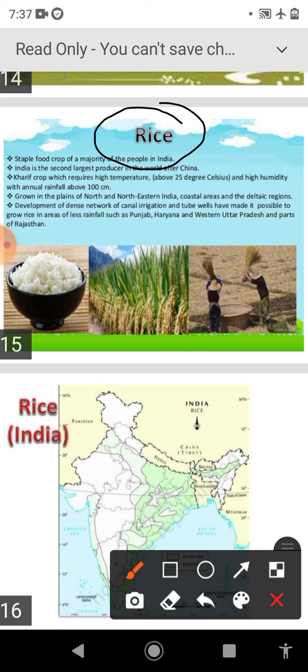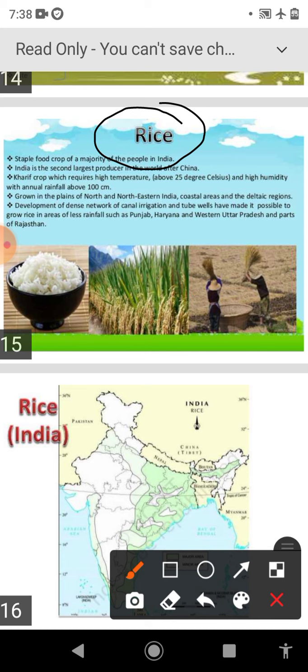Our country is the second largest producer of rice in the world after China. This is a staple food of the people living in the eastern and the southern parts of India. Rice is widely cultivated throughout India. In the north, it is a Kharif crop.